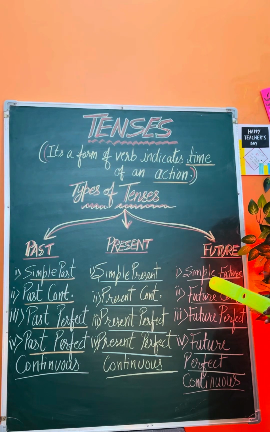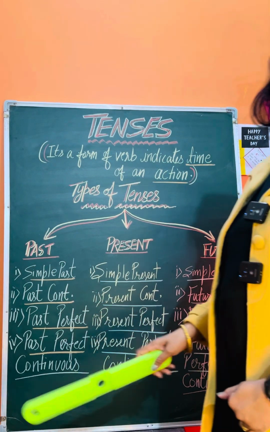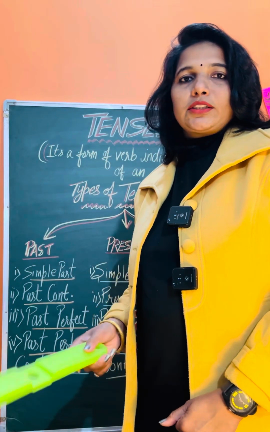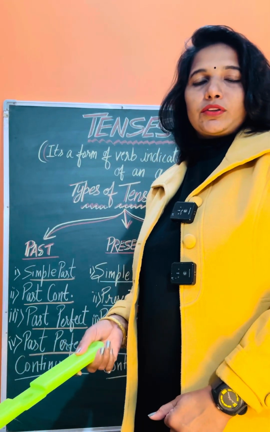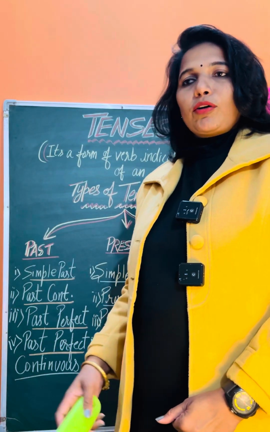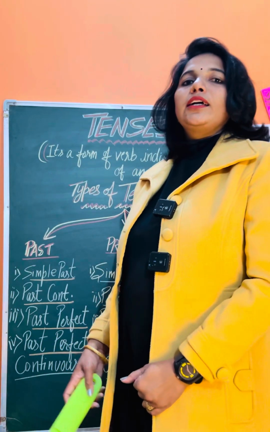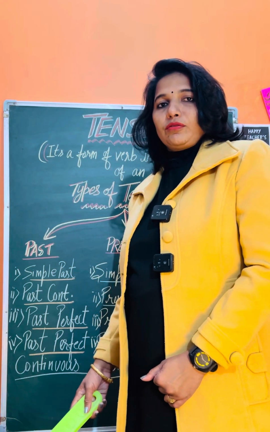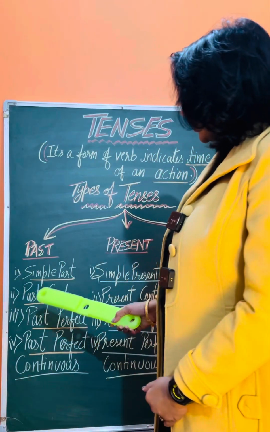And the future will also be simple future, future continuous, future perfect, and future perfect continuous, right? So you need to just mention past, present, future. Otherwise, the rest will be simple, continuous, perfect, similar in all three. But the formula and the meaning will be conveyed from a different tense point of view, right? So let's study one by one.